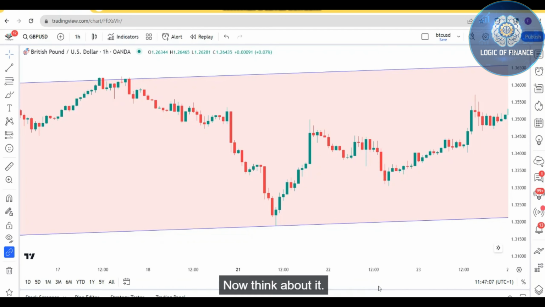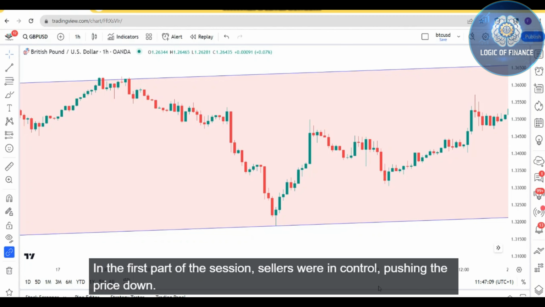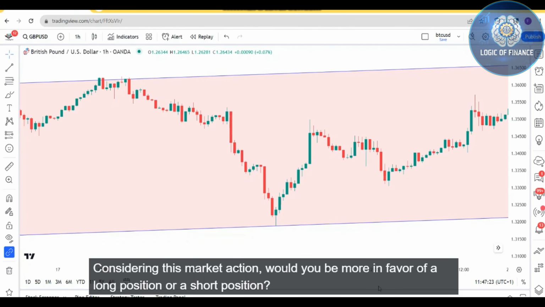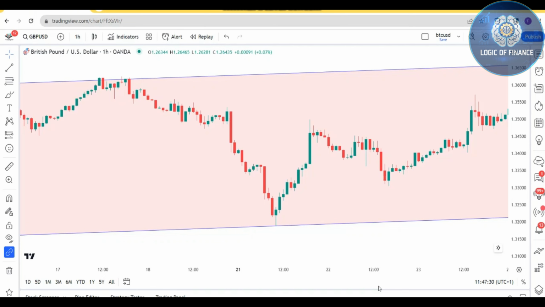Now, think about it. In the first part of the session, sellers were in control, pushing the price down. In the second part of the session, buyers reacted, pushing the price back up above the opening price. Considering this market action, would you be more in favor of a long position or a short position?